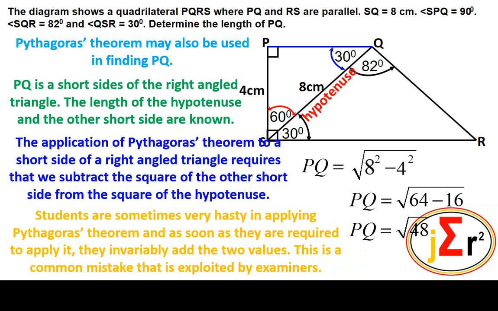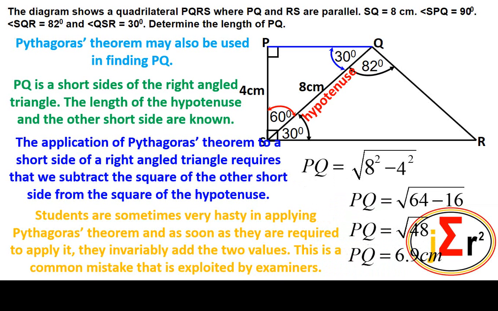The first thing that comes to mind is that they need to add the squares. However, that is a common mistake when one of the short sides is required. When the short side is required, we subtract the square of the other short side from the square of the hypotenuse instead of adding them both.